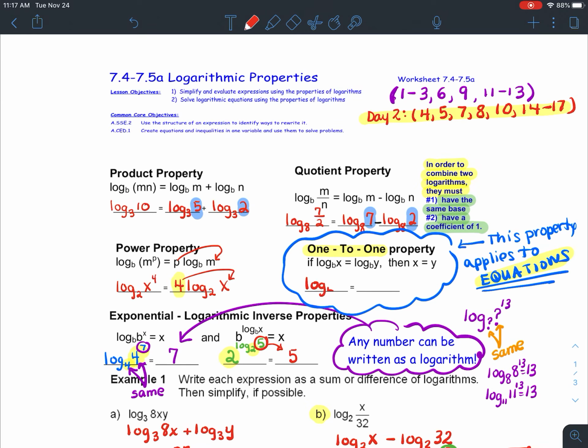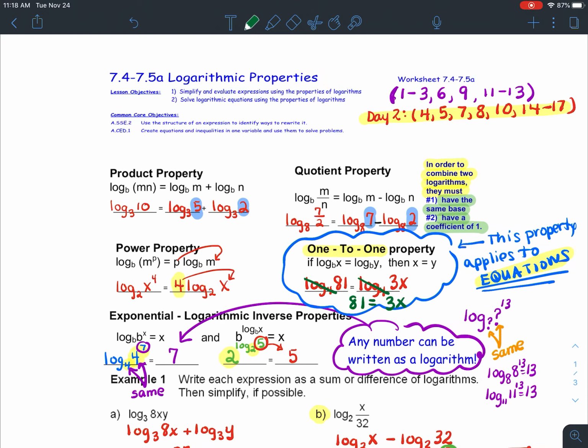Let's say that you have log base 4 of 81, and that is equal to log base 4 of 3x. Okay. According to the one-to-one property, as long as you have one logarithm on the left side of the equation and there are no other terms, and you have one logarithm on the right side of the equation, no other terms, and those logarithms both have the same base and they have coefficients of 1, then you are permitted to cross off the log and the small base, leaving behind only the arguments that are equal to each other.